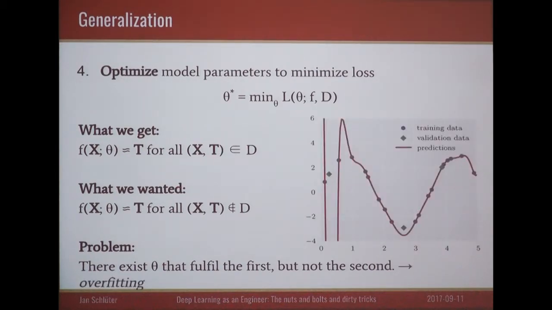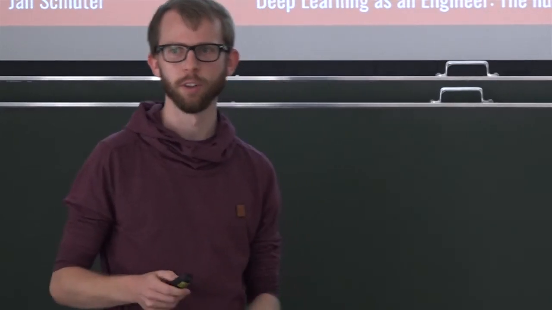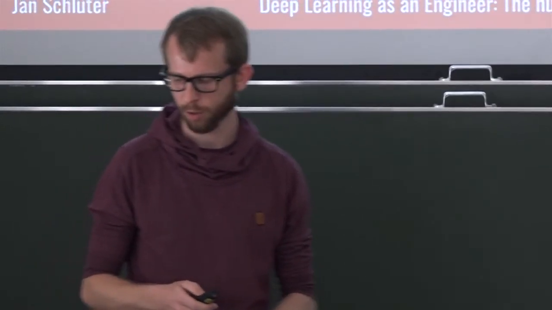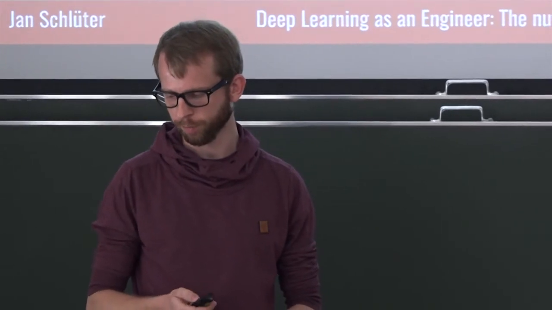So, for example, if we have a 1D regression problem where the input is one-dimensional and the output is one-dimensional, we could have a function that carefully reproduces all the training examples, but does weird stuff for inputs outside of the training set.